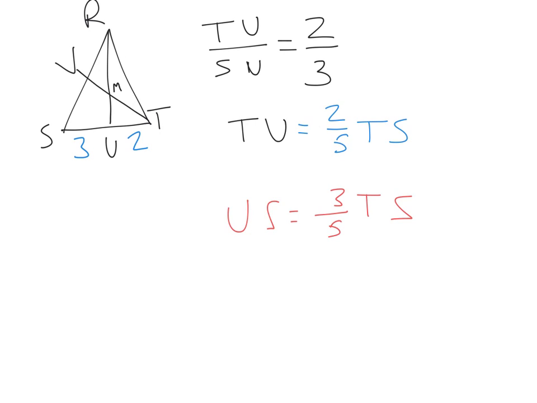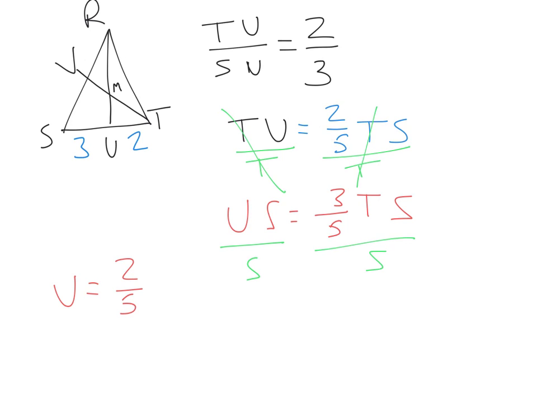Okay, and we could solve this for U, each one of these, by just taking this and dividing by T, and really the total of this. So divide both sides by T, and then we get U is equal to 2/5 of S. And on this other one, we divide by S, and we get U is equal to 3/5 of T. And so we got these two right here, right?